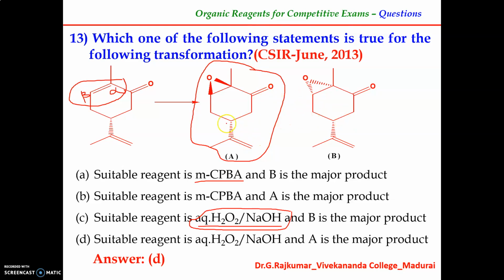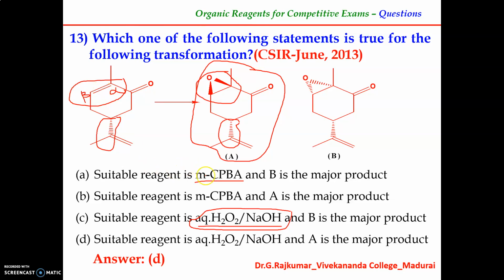And we have to look at the stereochemistry of these two. Here, the isopropene unit with respect to this, and this will be the major product. A is the major product because of the opposite stereochemistry of the epoxide to this isoprene unit.